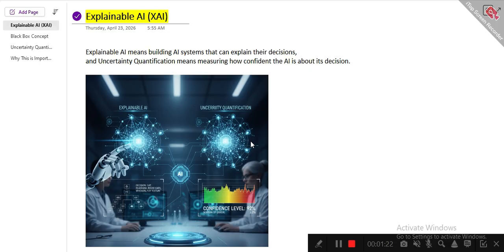In normal life, when a human makes a decision, we can ask, why did you do this? And the person explains. But many AI models, especially deep learning models, are like black boxes. They take input and give output, but we don't know what is happening inside.